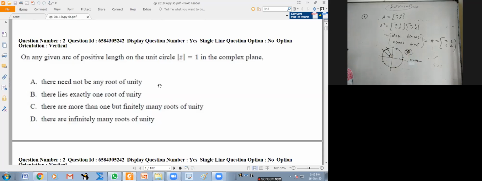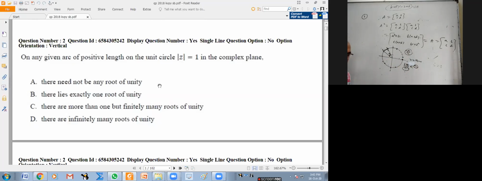When I take 9,000 roots of unity, I may not get one here, one here maybe. But when I take 1 lakh, 10 lakh roots of unity, they will be lying there. So however small an angle theta you take, definitely I can find some 2 pi by n which should be smaller than this. So my n will be bigger than 2 pi by theta. I can find it. Always an integer exists.